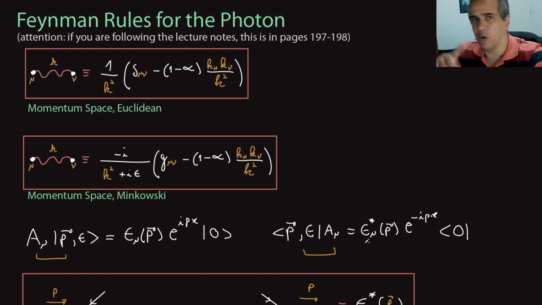But sometimes, like in electromagnetism, you want clockwise or anti-clockwise polarizations that evolve in time. And in that case, it's better to use a complex polarization. So this is the most general thing. You get an epsilon star here.